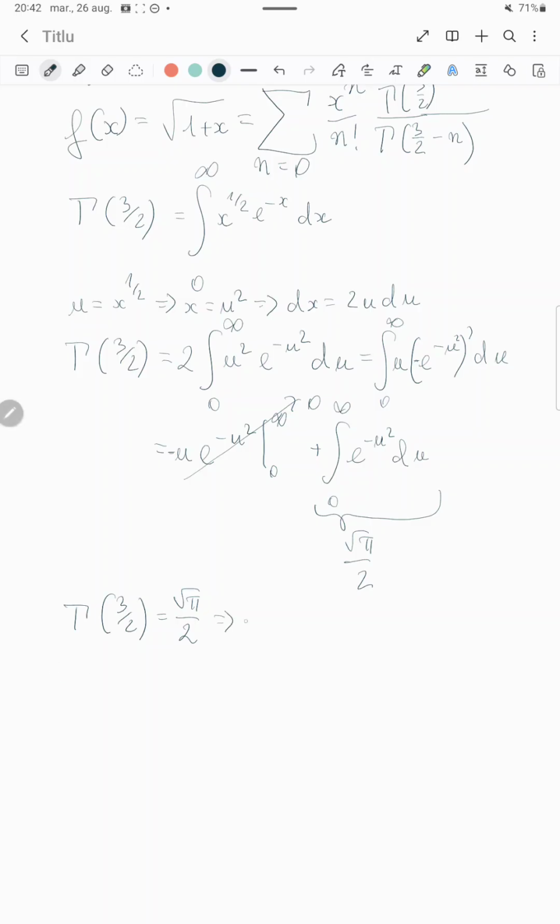Which means that according to our recursive relationship, we will have gamma of 1/2 is going to be gamma of 3/2 over 1/2. That's going to be square root of pi, which is an interesting result that you need to keep in mind for the sake of this exercise.